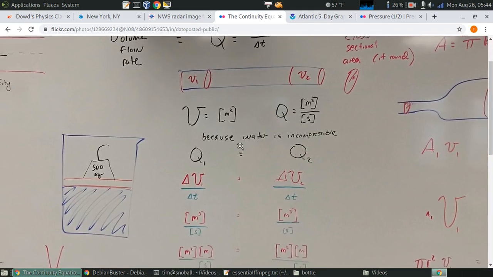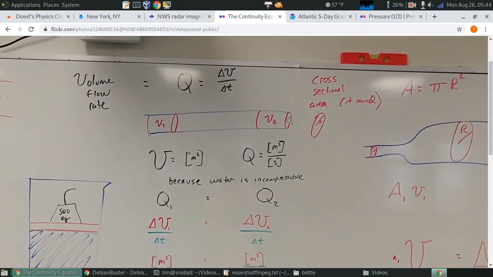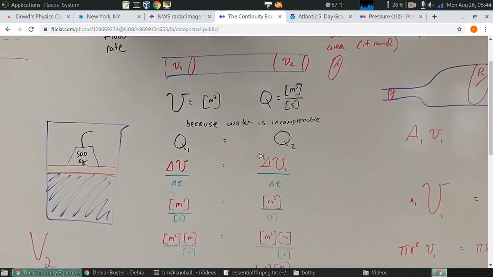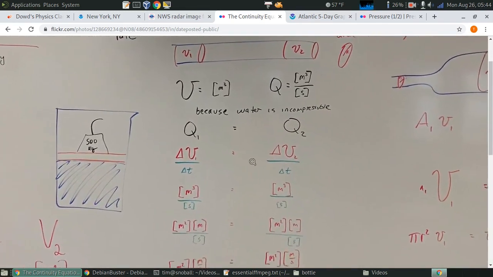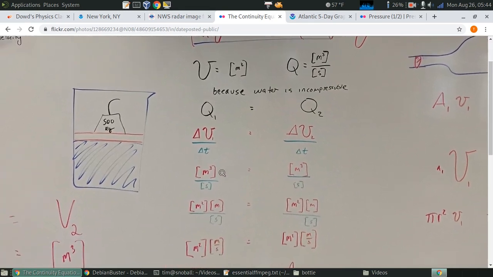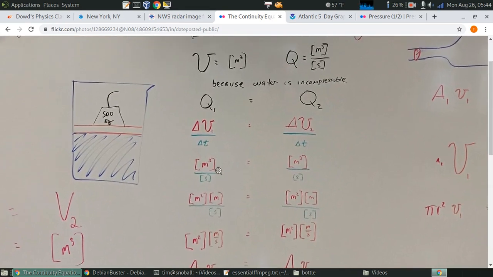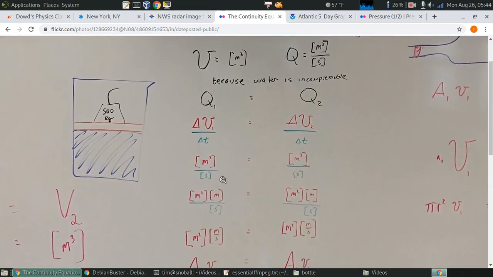Again, because water is incompressible, the volume flow rate at this end of the pipe should be the same as that at that end of the pipe. So hopefully this part makes sense. Volume has the unit meters cubed, time has the unit seconds. So we have meters cubed per second on both sides.